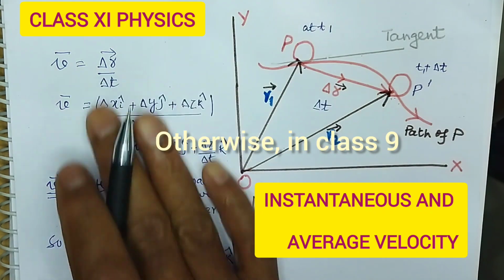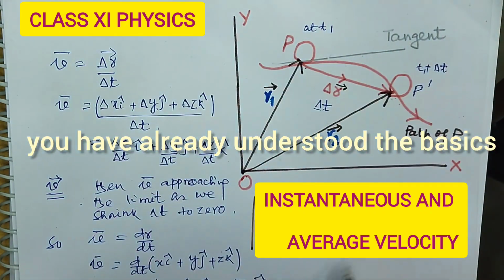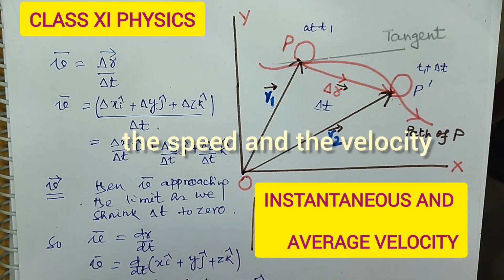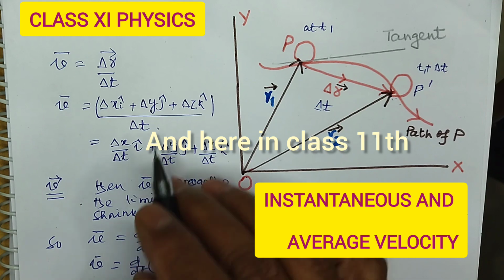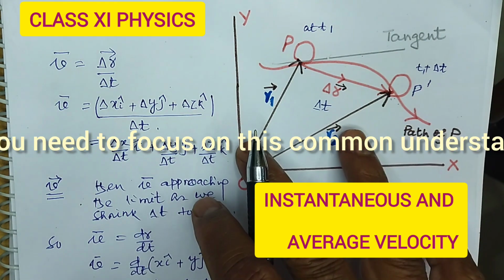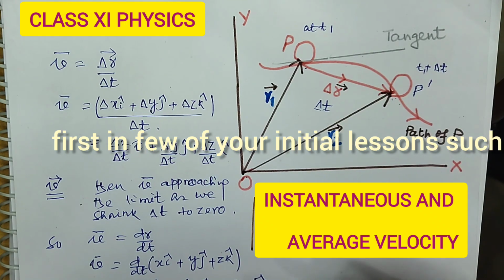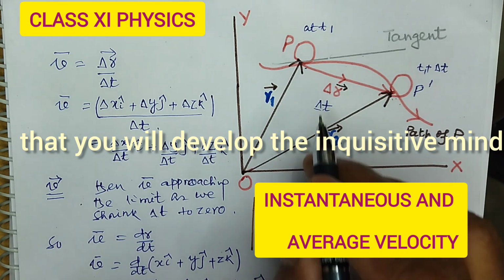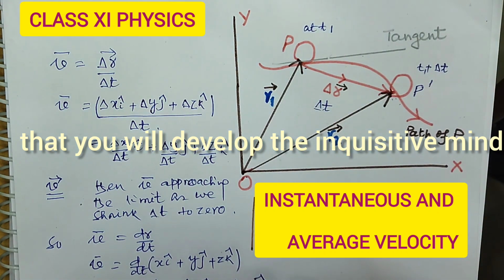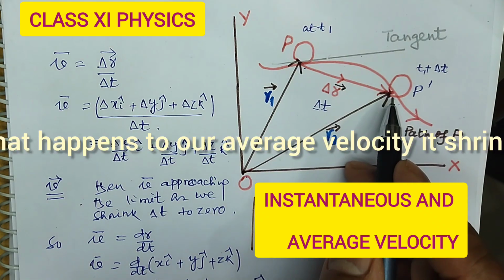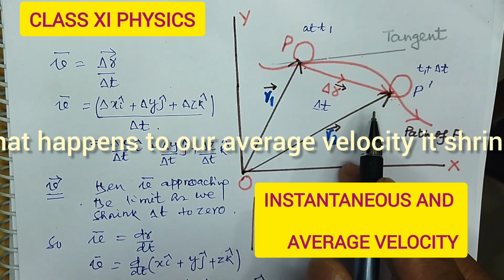In class 9, you have already understood the basics of distance, displacement, speed, and velocity. And here in class 11th, you need to focus on this common understanding first in a few of your initial lessons, so that you develop the inquisitive mind of how delta t approaches 0 and what happens to our average velocity.